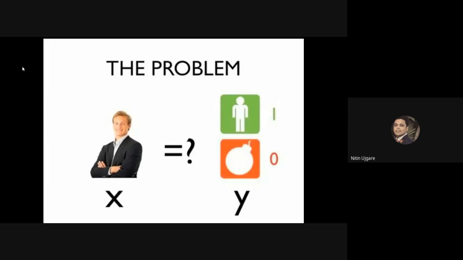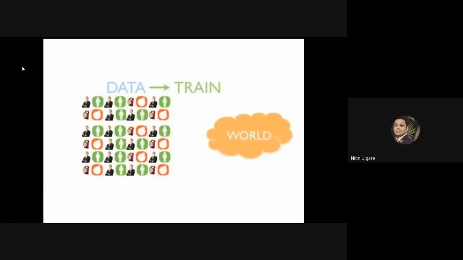In order to build our system, we need to collect data from the real world to learn from, a data set which consists of many pairs of photographs and labels. These photographs are either people or bombs, right?